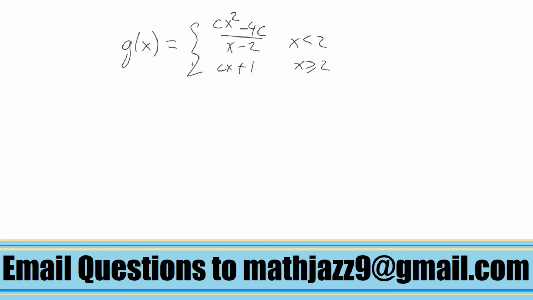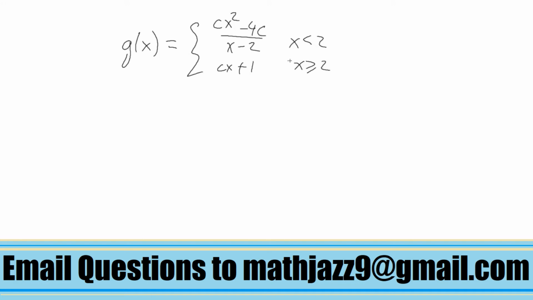Now, what we're actually doing, the whole process is, this chunk is continuous because it is a rational function. This chunk here is continuous because it's a polynomial, so the limits for each of these functions are equal to the values of each of these functions.